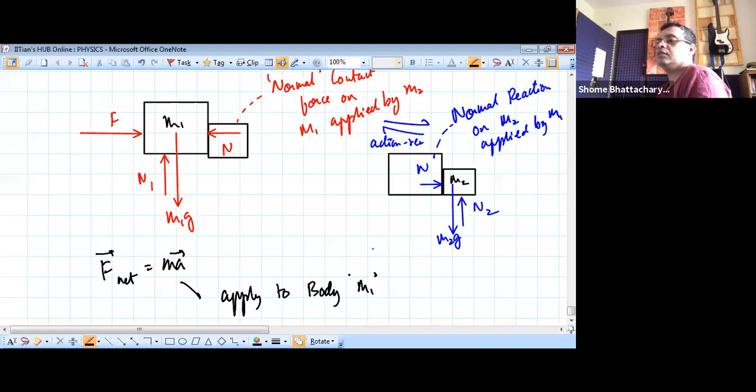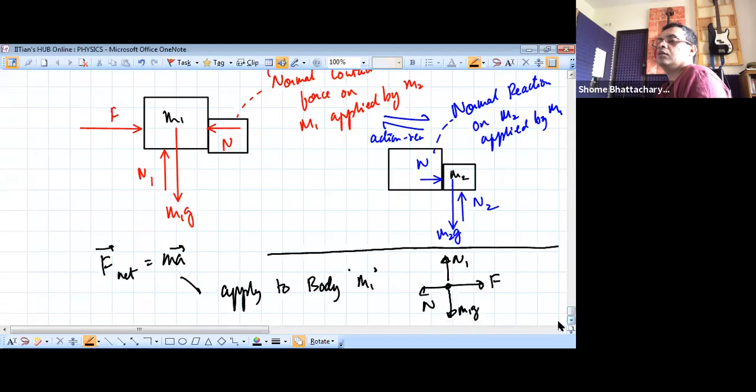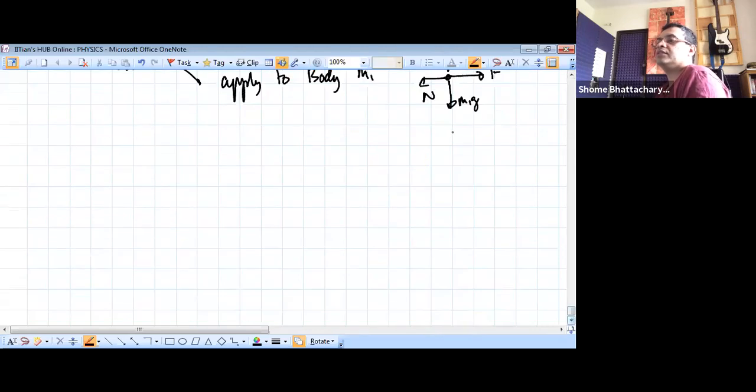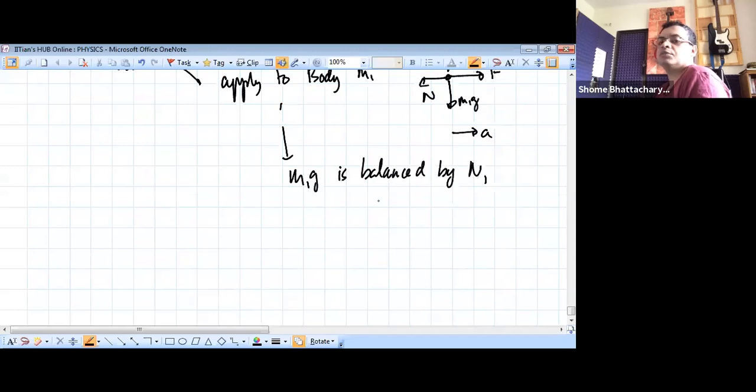The forces acting are a combination of all this: weight, normal reaction, this force F, and this normal reaction N. Okay. And under the action of these forces, you can see that it's accelerating along this direction. So what is happening? M1g is balanced by the normal reaction the ground is applying.